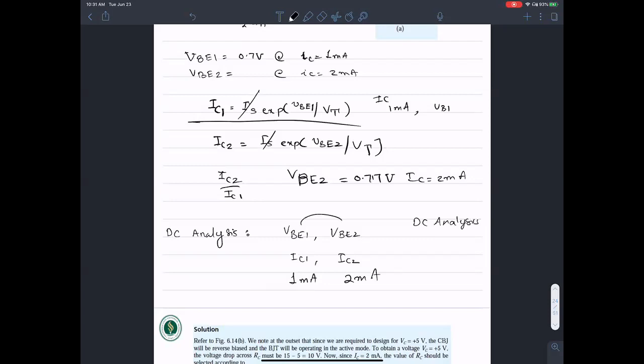Then you have to recalculate VBE2. But if the increase in IC is small, then you can ignore the new value. You can say the new value of VBE2 is going to be very close to the value there.